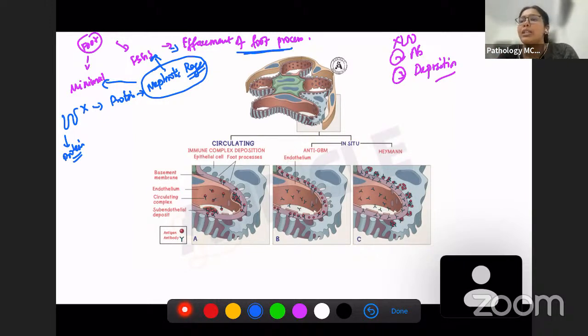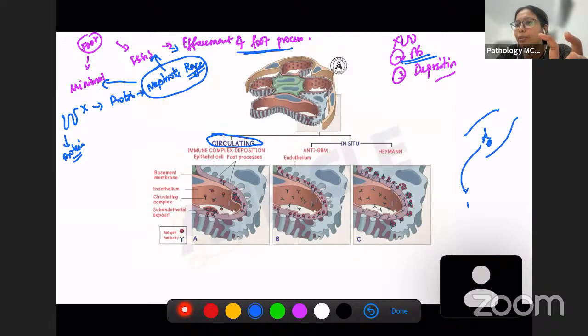Okay. The second type of damage is antibody mediated damage. Antibody mediated damage can be because of circulating immune complex deposition, that is, circulating antigen and antibody both are in the blood, and they come and deposit in the glomerulus.